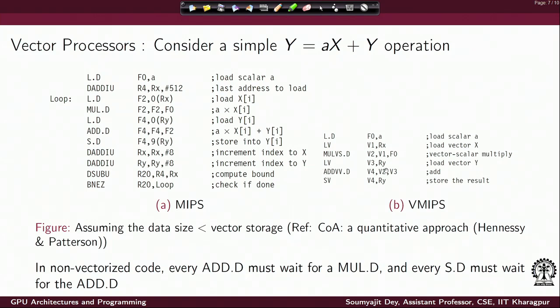Even if this assumption did not hold, and the data size was not less than the vector storage, I would still have a loop with a much smaller number of iterations. The number of iterations would have decreased by a factor of the vector dimension. So you can understand how many cycles of waiting you are going to save if you have vectorized code and vectorized hardware for executing the code.